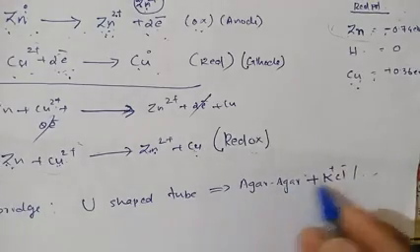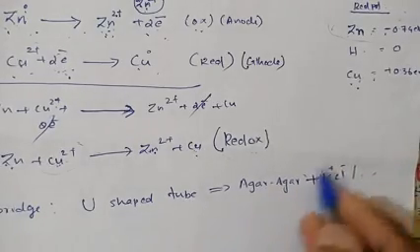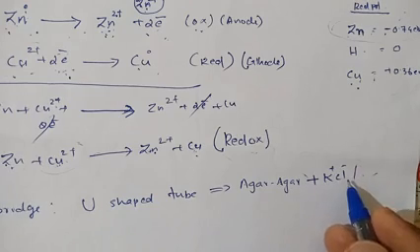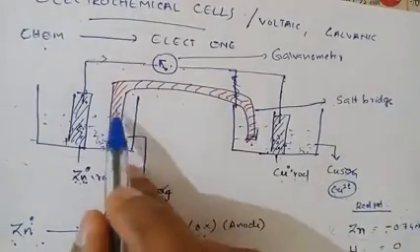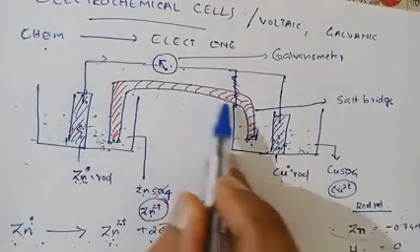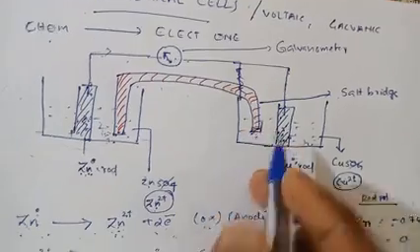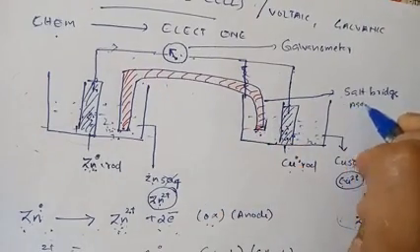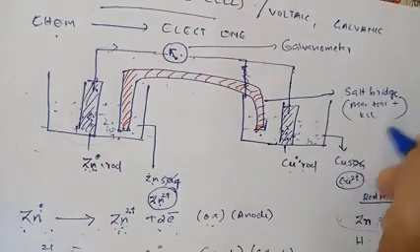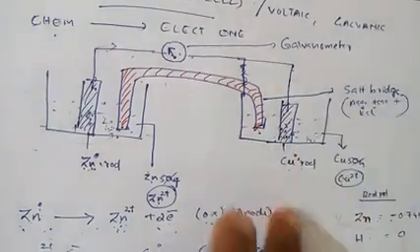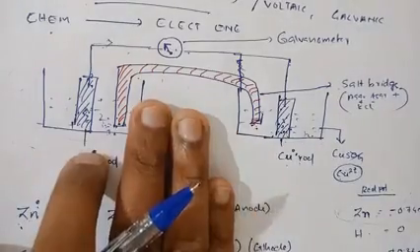Agar-agar with an ionic compound is mixed together, forming a paste-like material which is filled in this U-shaped tube. So inside the U-shape, a jelly-type substance is there, agar-agar plus KCl, an ionic compound. Clear?